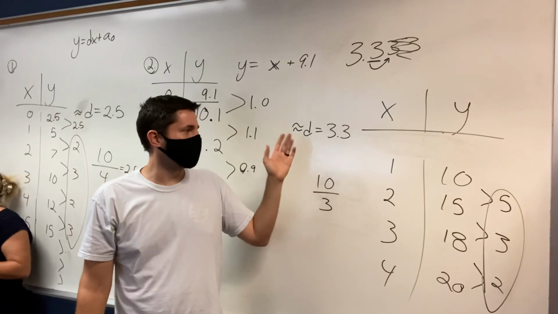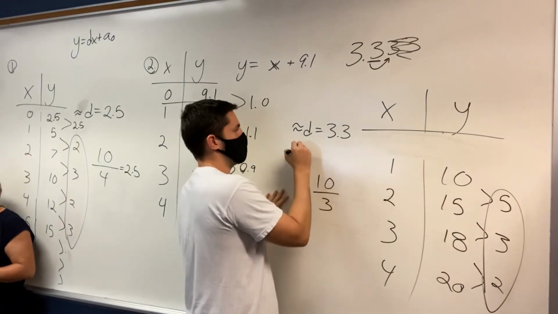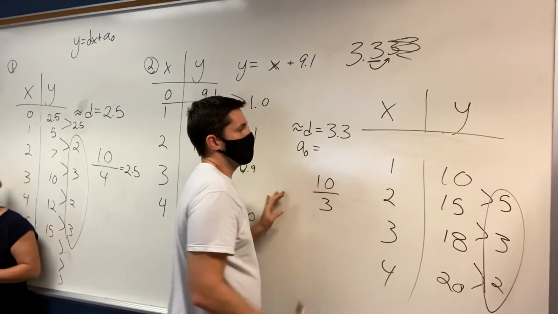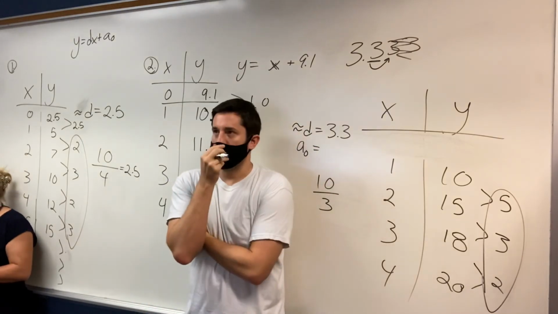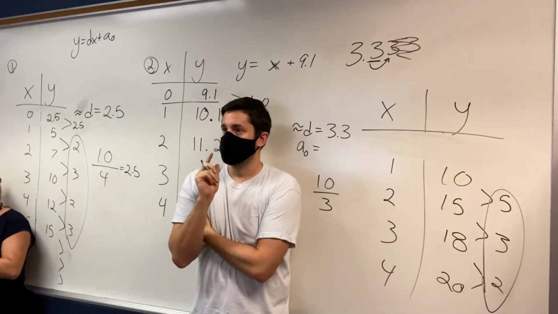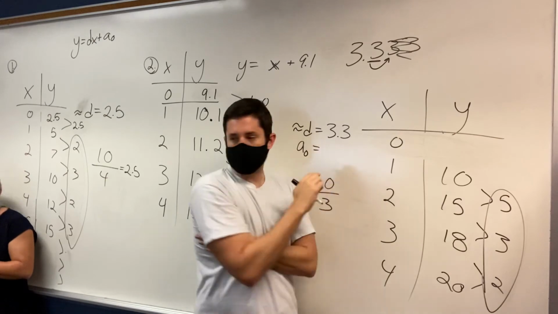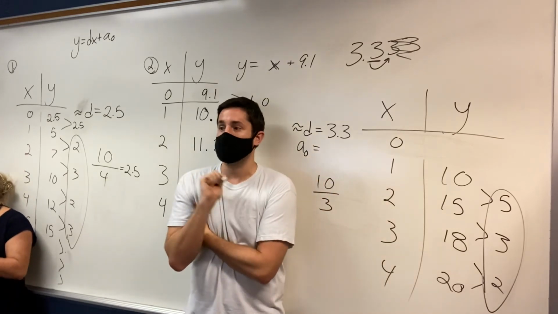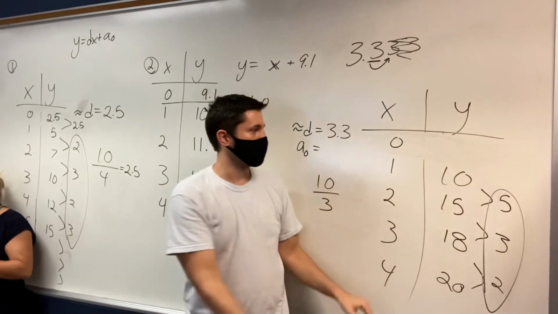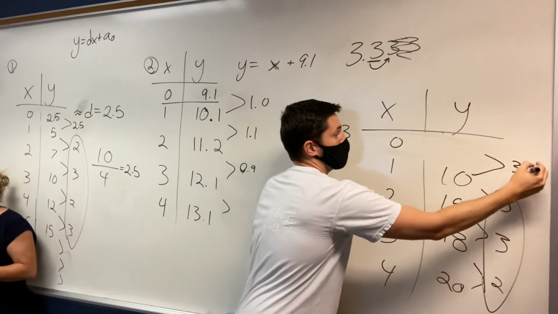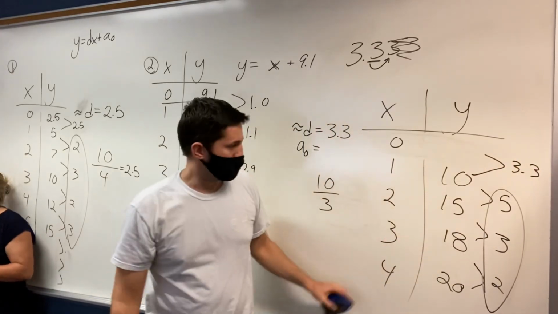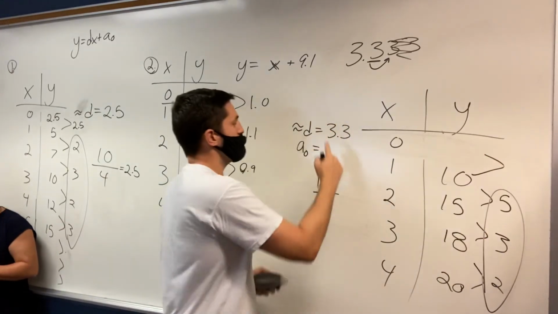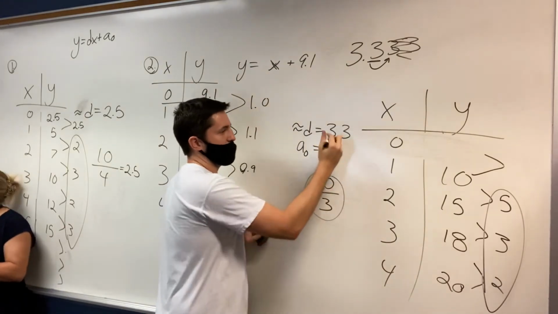All right, so now my a sub 0 is the only thing else I need. A sub 0, I'm gonna go back. How much am I gonna go back now? Well, I guess I am gonna go back one spot on the x side to 0, but how many do I need to go back here? 3.3. Big mistake I see happen a lot. They're like, oh yeah, I did a calculation here and I got 3.3.